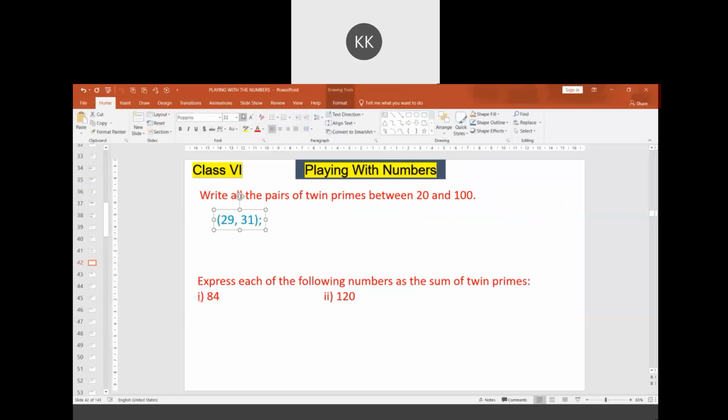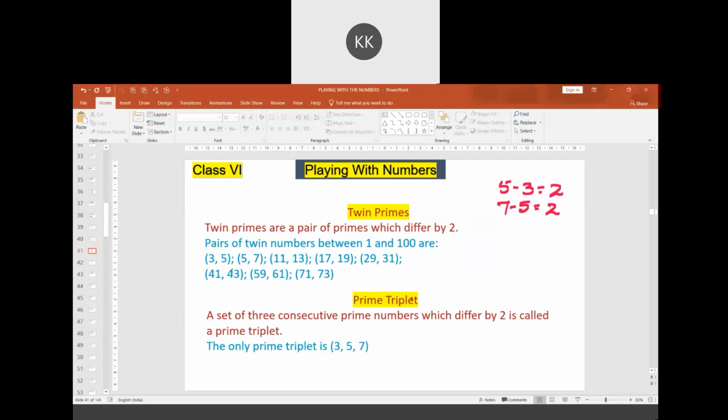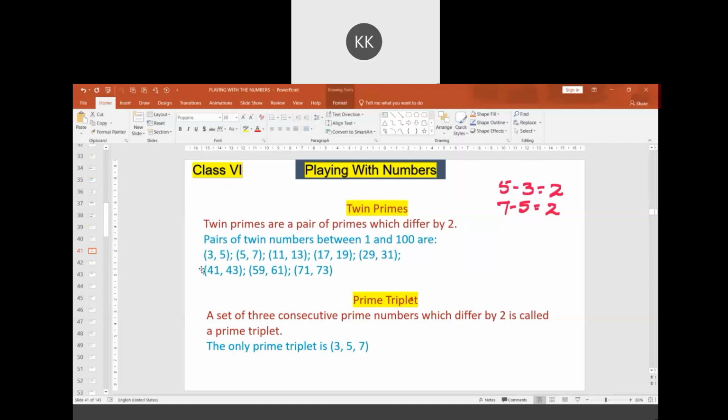Likewise, you have to select. After 31, is there a twin prime number? 41, 43 is a twin prime number. 59, 61 is a twin prime number. 71, 73 is a twin prime number.